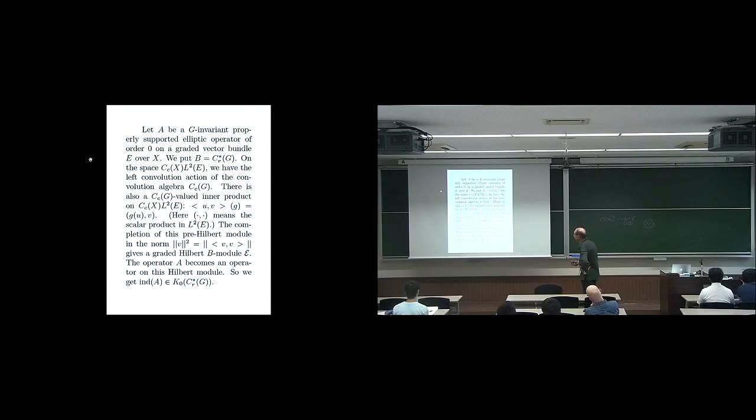So we define the inner product with values in this convolution algebra, and then we prove that this inner product is good enough, satisfies the axioms, positivity, etc., and we define the new norm on this space, and complete in this norm and get a Hilbert module over B, where B is just the C-star algebra.